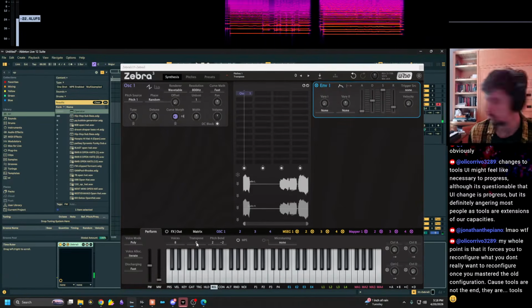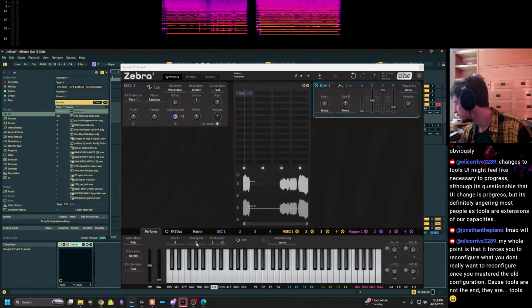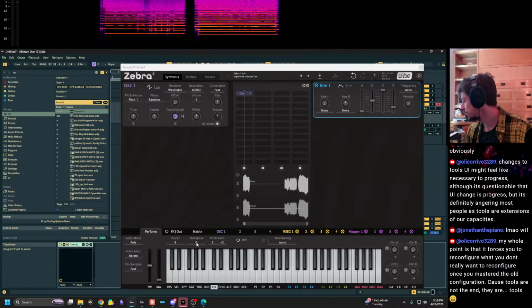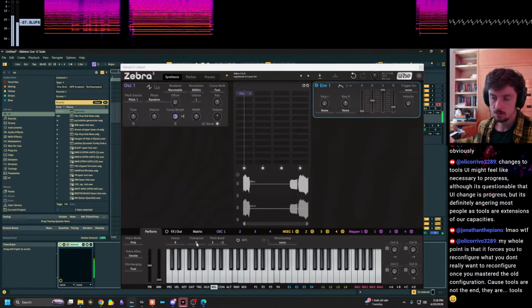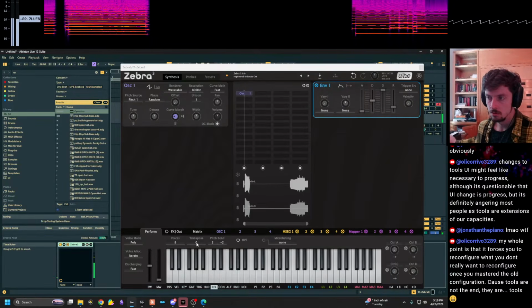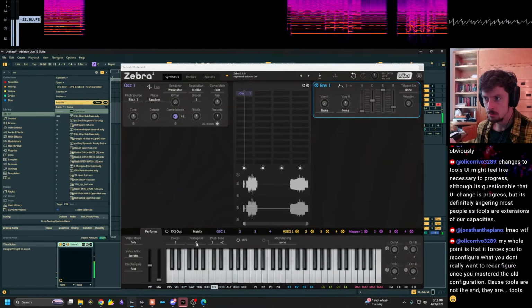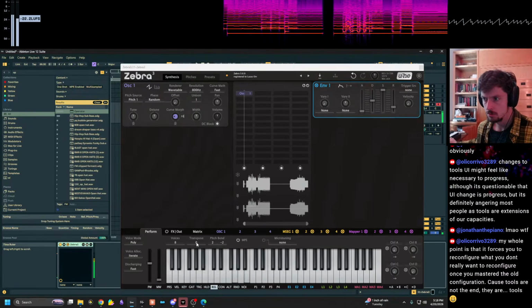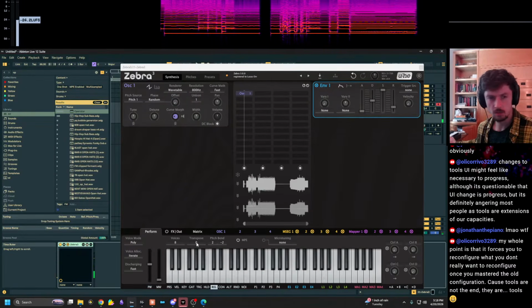Well, now it's not working much at all. Now it's at plus or minus 8 semitones. What the hell? I'm playing one note?